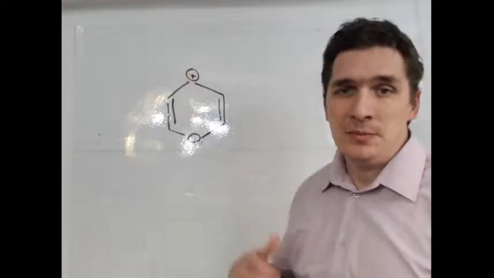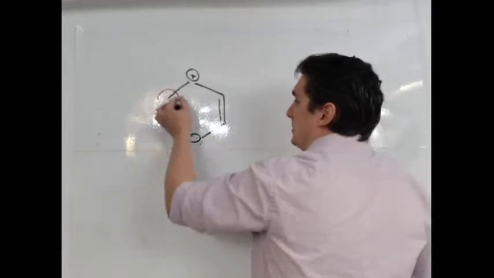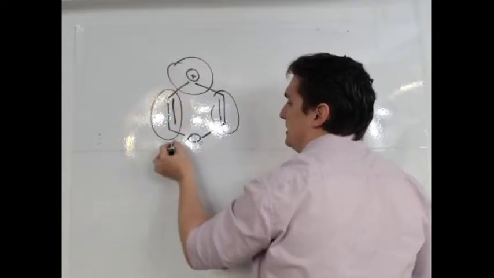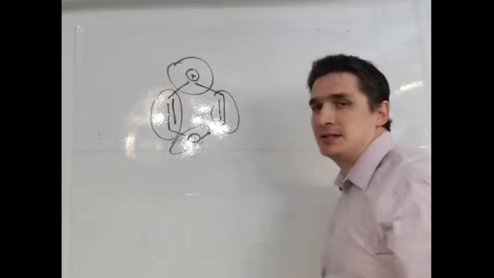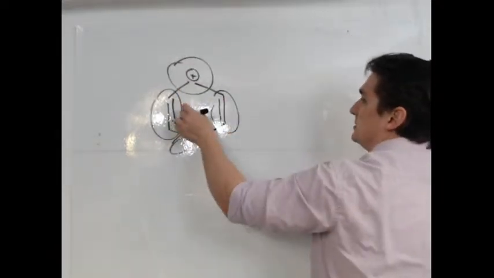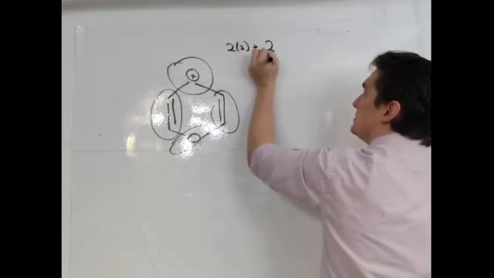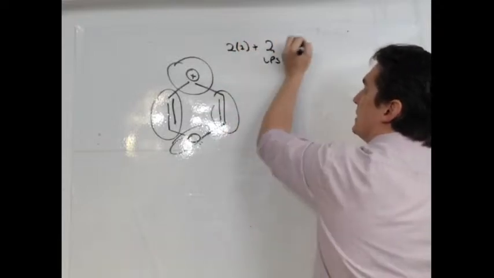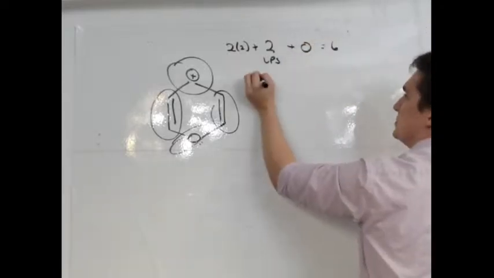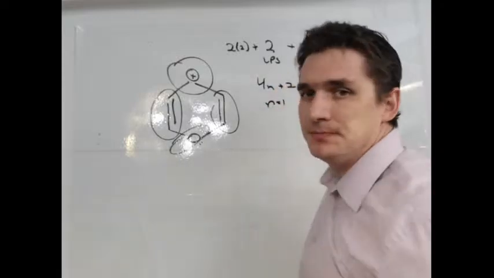is this aromatic? Well, it meets our first condition, it's cyclic. 2, is it conjugated? Well, we've got a double bond, and we can use this carbocation, and we can use one of the oxygen lone pairs to tie everything together, so it is conjugated. Now the number of electrons. We've got 2 pi bonds, we've got 2 electrons from the lone pair, and we've got 0 from that cation, so we end up getting 6, which meets our 4n+2 rule.